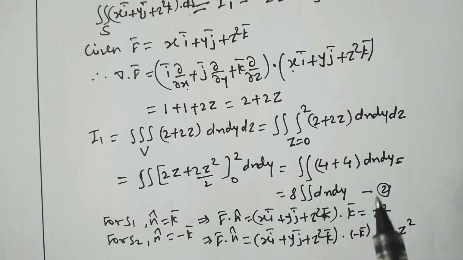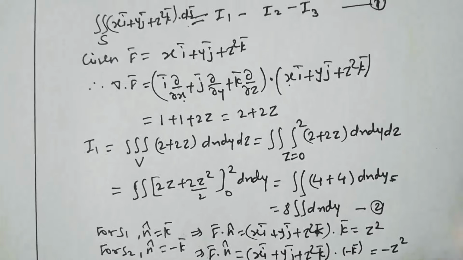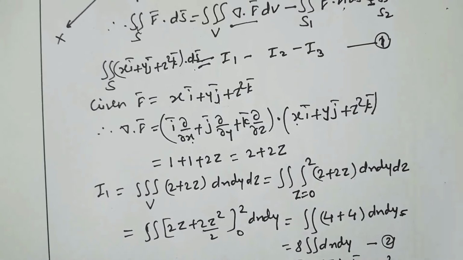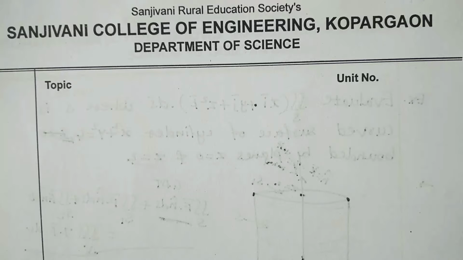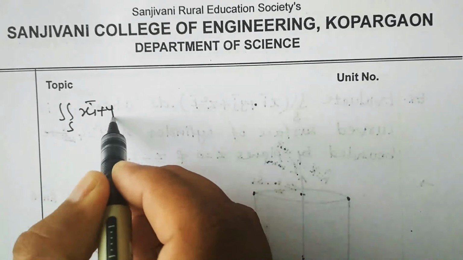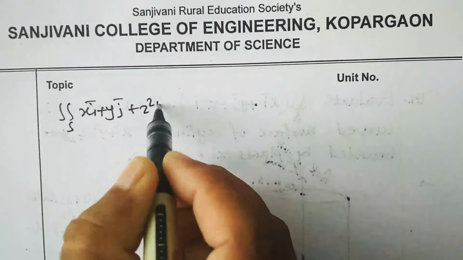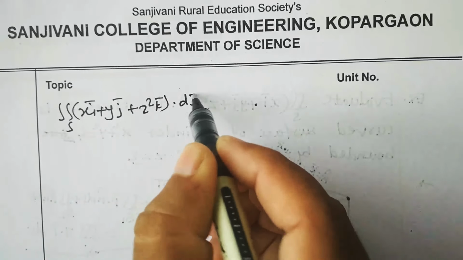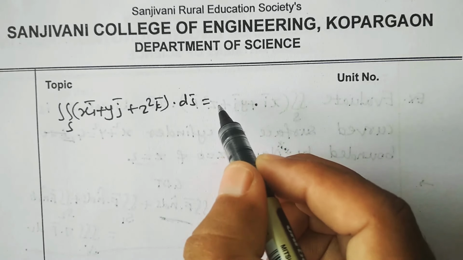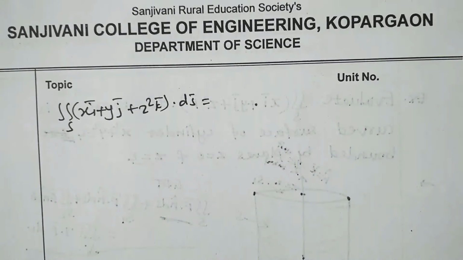So put all these values in equation number 1, in I1, I2, I3. So see what you will get. Double integration over S of x i bar plus y j bar plus z square k bar dot dS bar is equal to I1, which is triple integration, and we already calculated the value of I1.